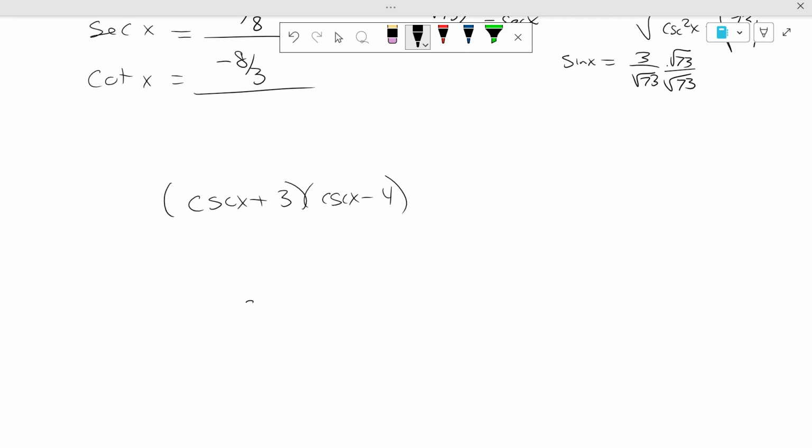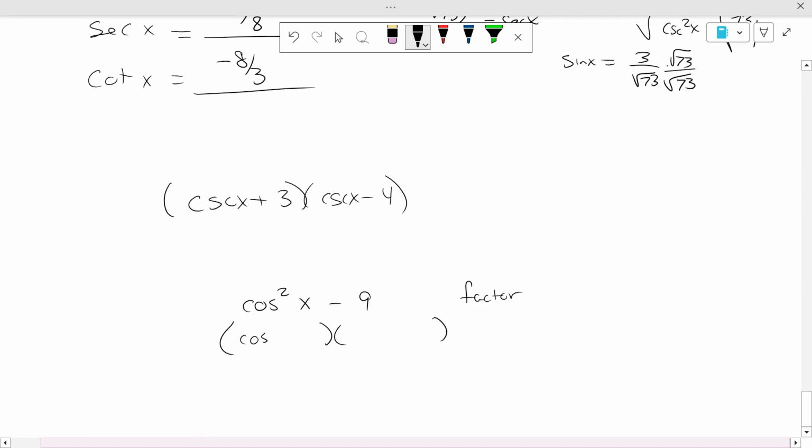If we have cosine squared of x minus 9, and you're told to factor it, how do we factor that? What's the factoring pattern called? Difference of squares. Cosine of x plus 3 and cosine of x minus 3.